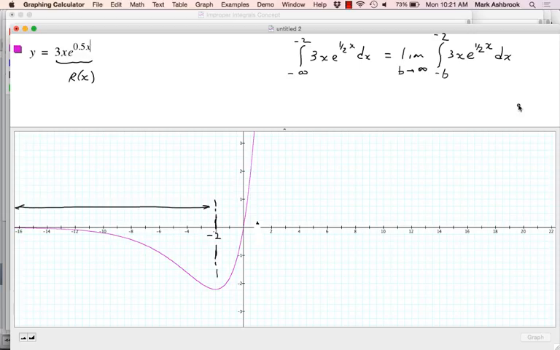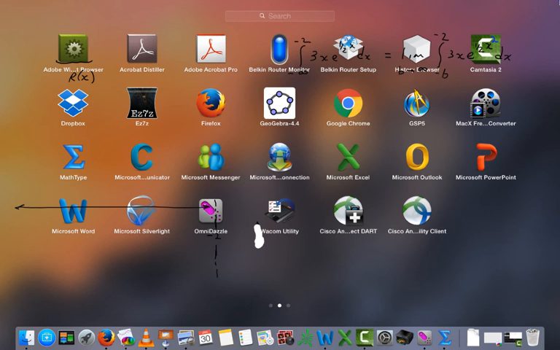The first thing I ask is, is it undoing the chain rule? No. How would it need to be different for it to be undoing the chain rule? Yes, if this was 1/2 x squared, it'd be undoing the chain rule. If it's e to the 1/2 x squared, we could undo the chain rule, but we can't.